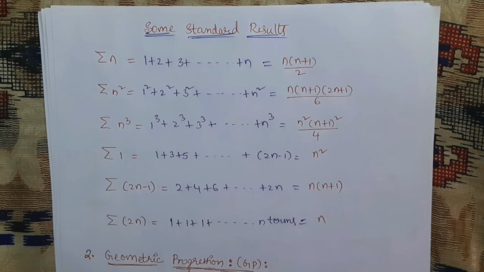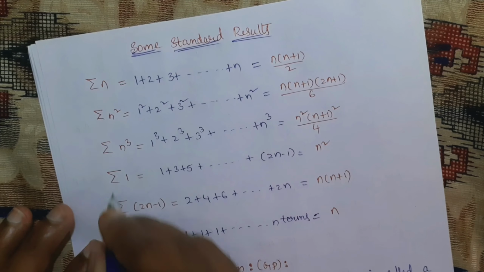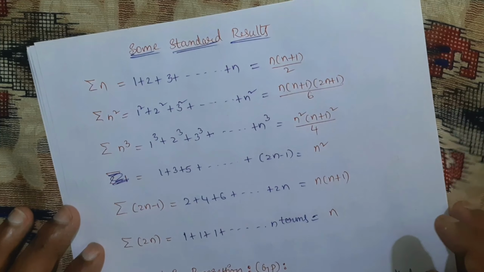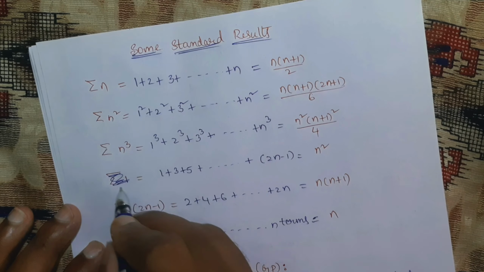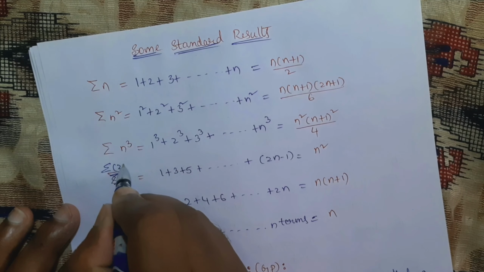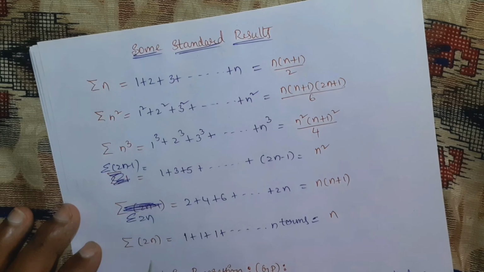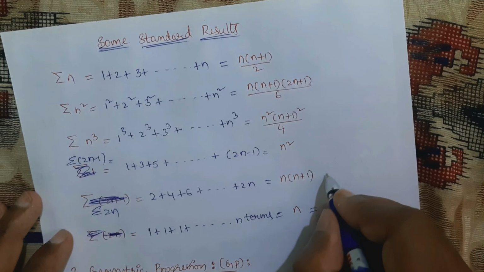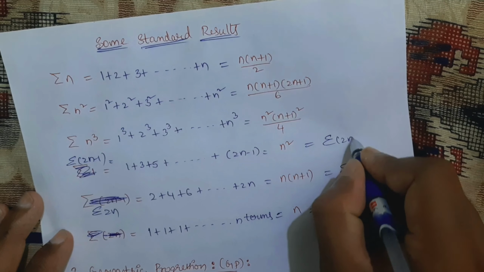Now this is not sigma 1, this is the sum of odd natural numbers, sigma 2n minus 1.